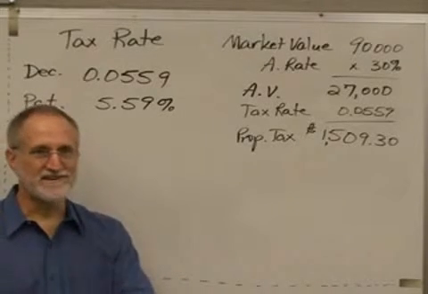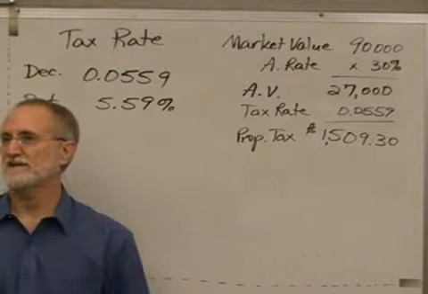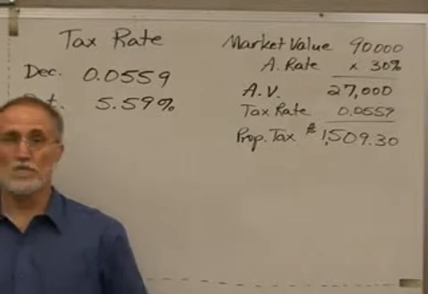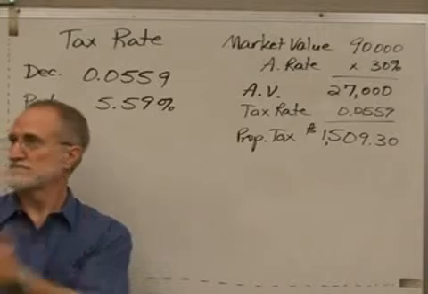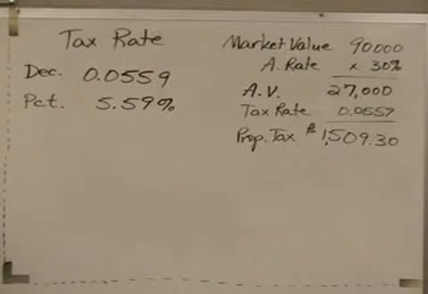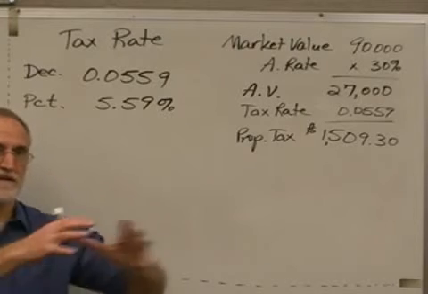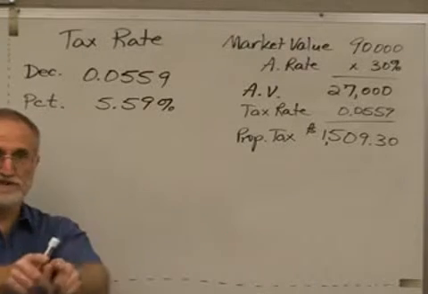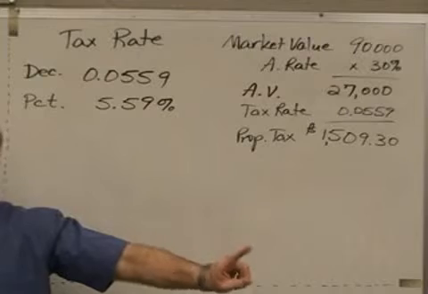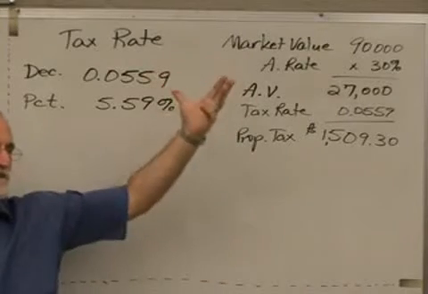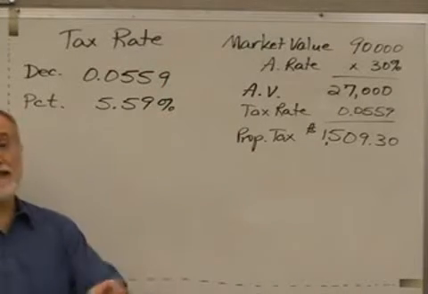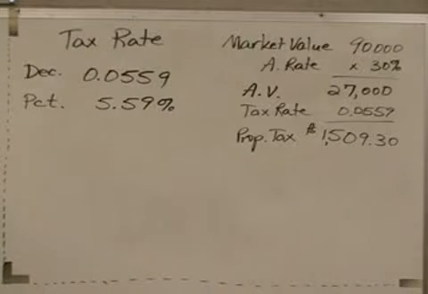Supply and demand says the property tax will be higher. The more people don't want to live there, the property tax will probably be lower. And oftentimes that's tied to a school system, that if you live in that area, you go to that school. So if there's a school that everybody wants to go to, the property values go up, the taxes go up, and the tax rates can go up as well.